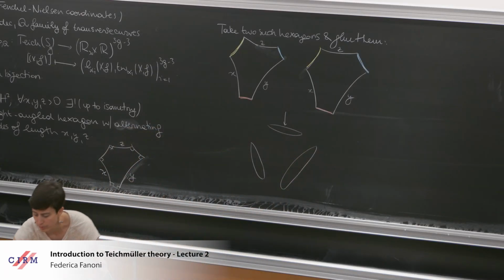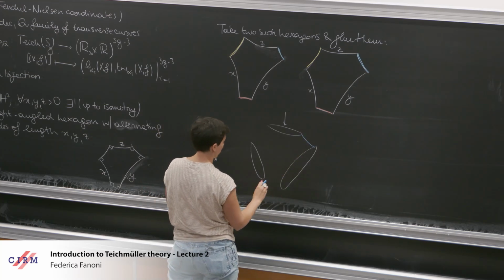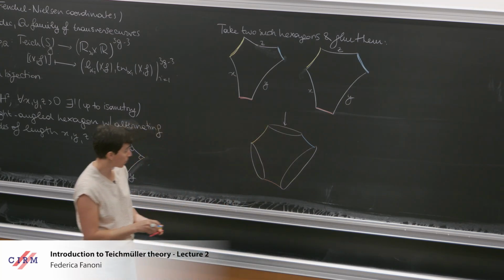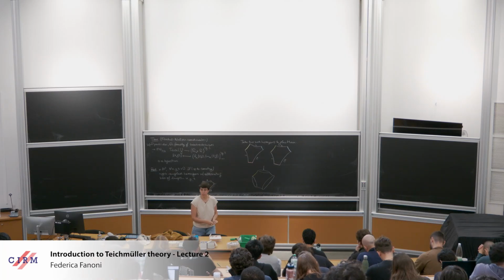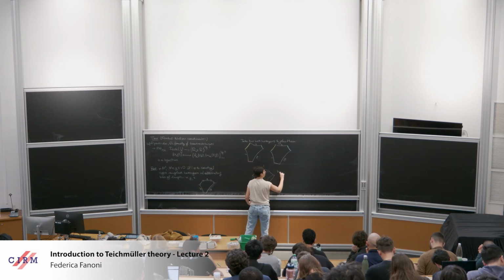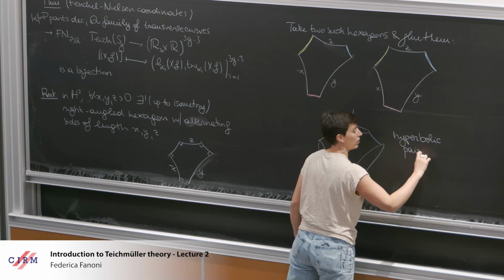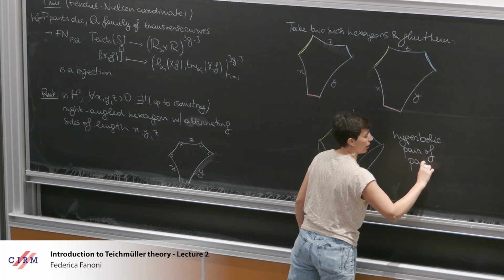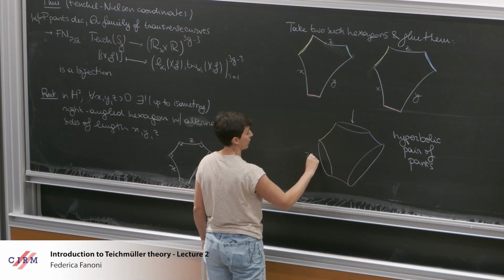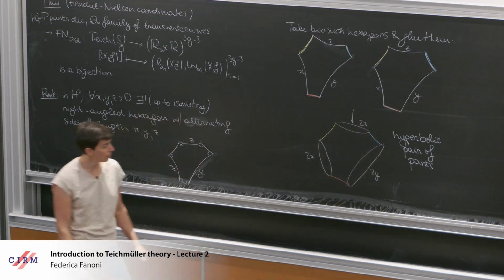With these three lengths here that are actually geodesics orthogonal to the boundary. So we get a hyperbolic pair of pants, meaning a pair of pants with a hyperbolic structure. And we know what the lengths are of the three boundary components: the boundary components have length 2x, 2y, and 2z.